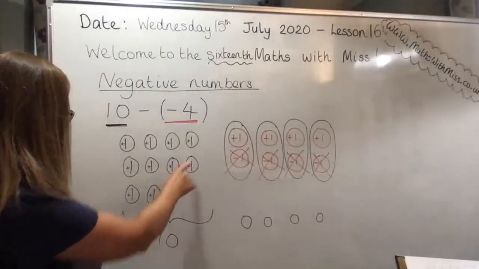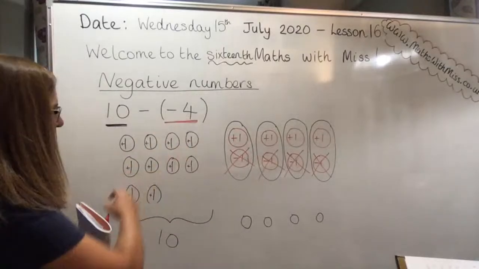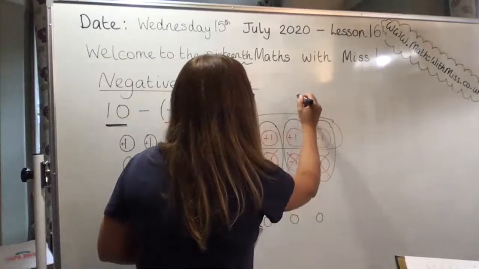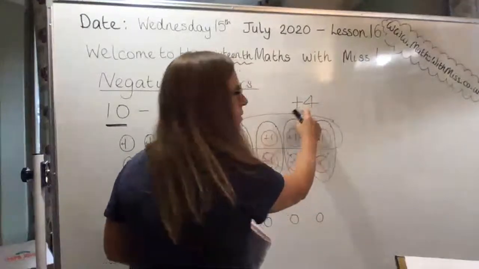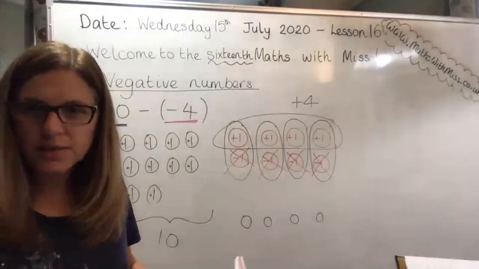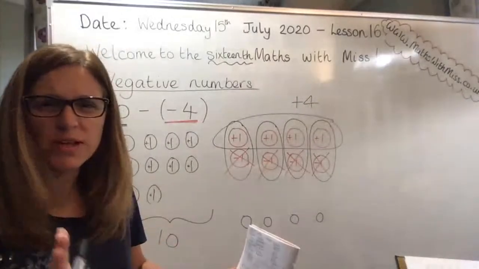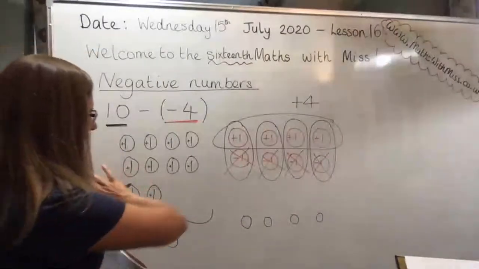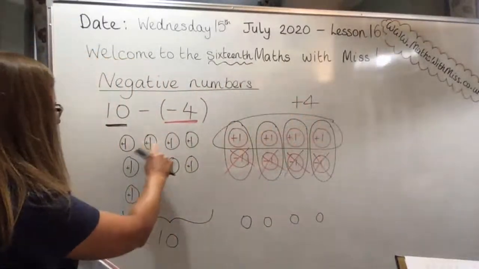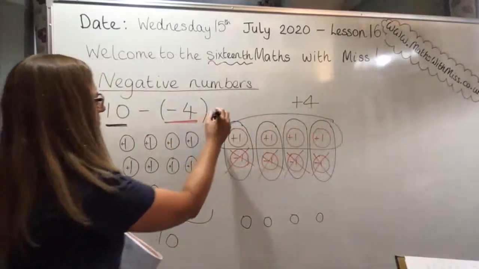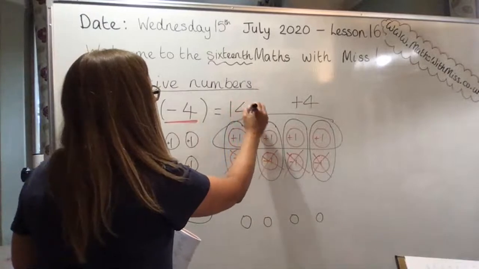What am I left with? I've still got my 10 here. But now look, I've got positive 4. Now, sometimes you're just taught a negative plus a negative is a positive. You've got to be really careful doing that because we can get muddled up really easily. But if we look at it visually, we can now see that we have 14 positive ones.